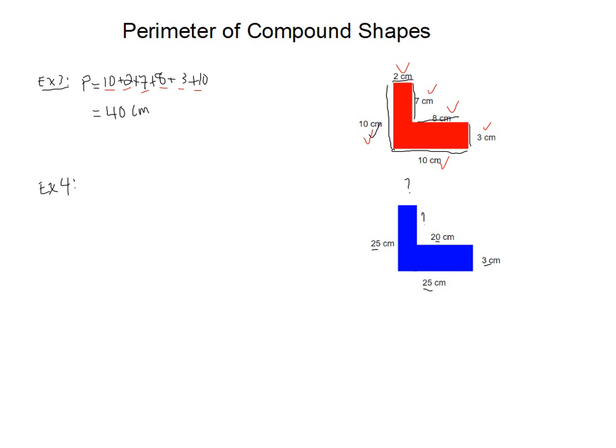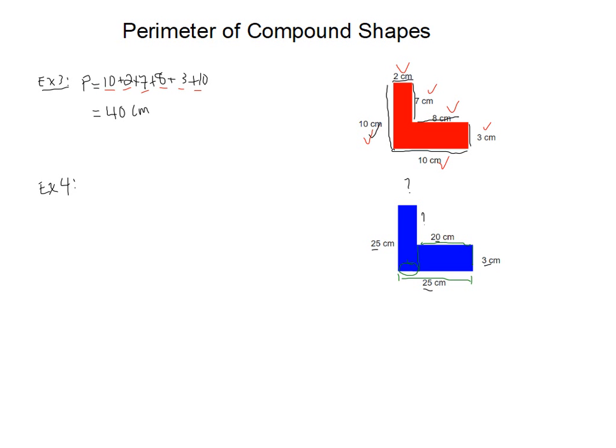We know that this distance from here over to here is 25 centimeters. We also know that this distance from here over to here is 20 centimeters. This distance here needs to make up the rest of that 25.